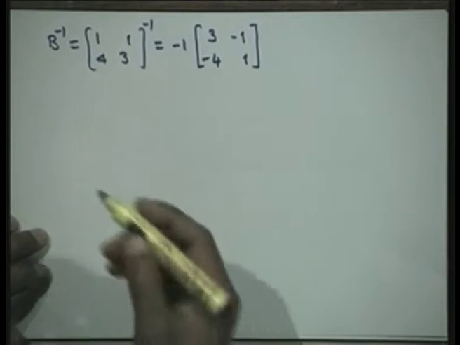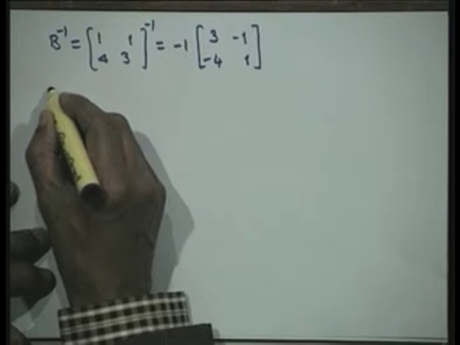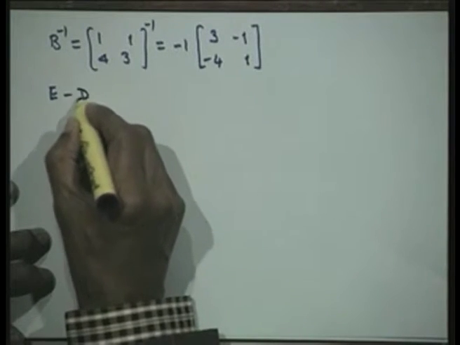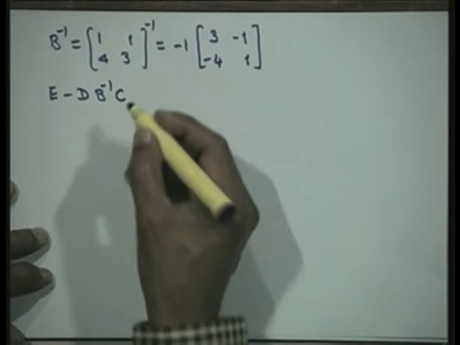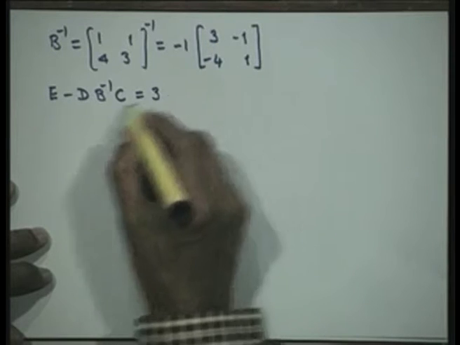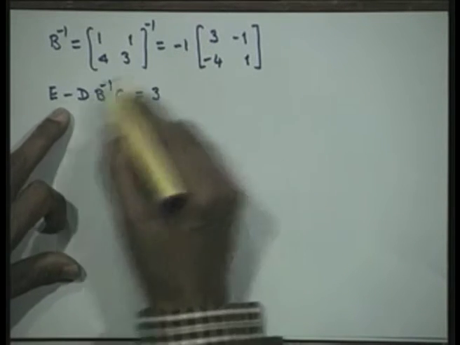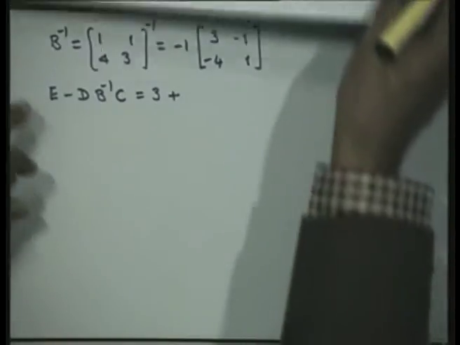Now, the next matrix multiplication I need, I will pick up from what we have done last time. I need E minus D B inverse C. I need this quantity to determine the next inverse. This is 3, and we have B inverse with a negative sign, so we can put a positive sign here, and D is this row vector 3 comma 5.